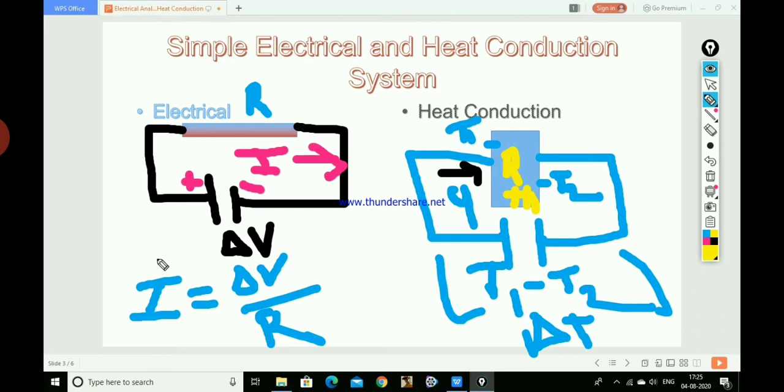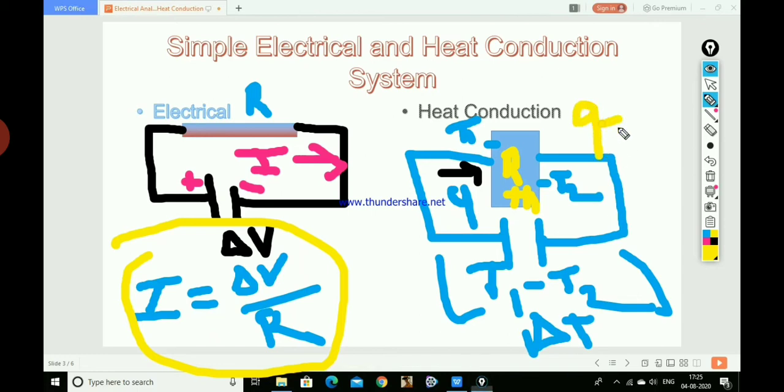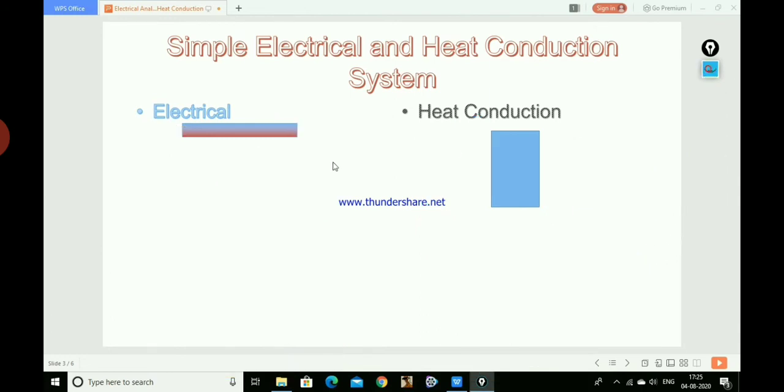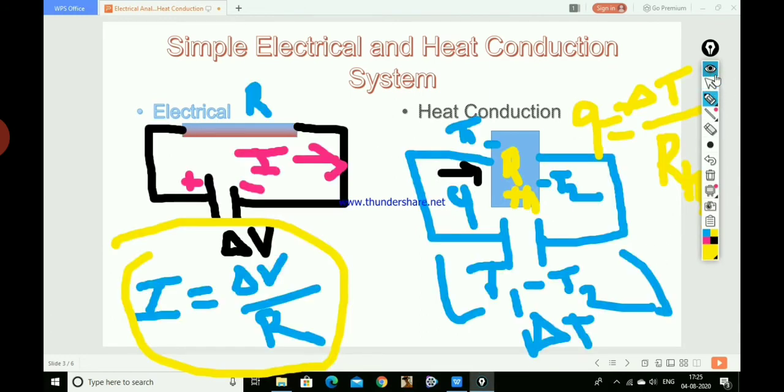So similar to the equation for I, here we are having Q equals delta T divided by R thermal, where in the electrical case we had R electrical resistance. So in the simple case, we can compare this electrical system with the heat conduction system.